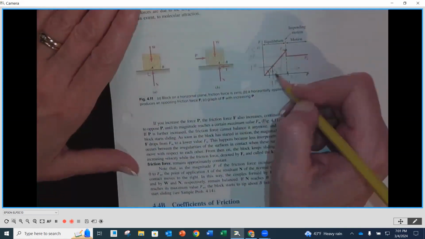But what's also happening is, in this state right here, those surfaces were pushing up against each other, and they had high and low points on them, roughness, on each one of those surfaces. As we got this going, what we did was we smoothed out each side of that surface.